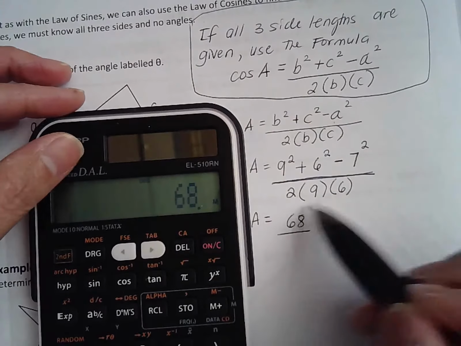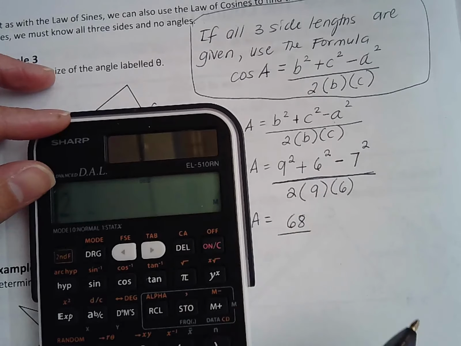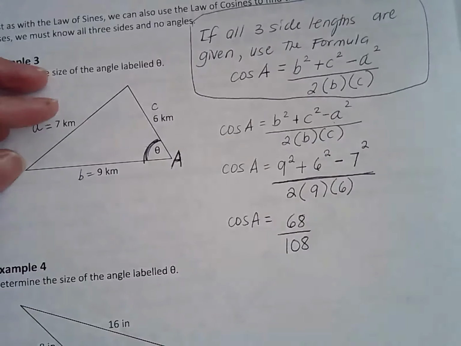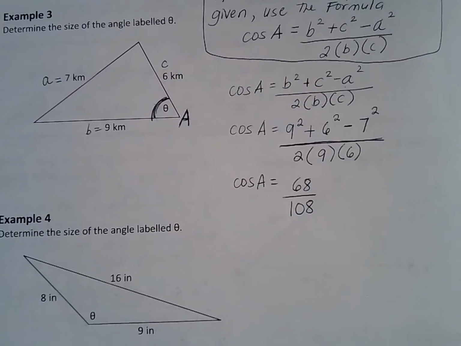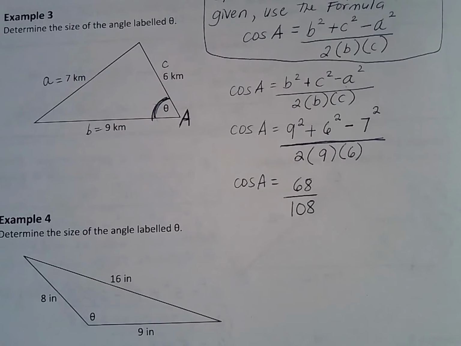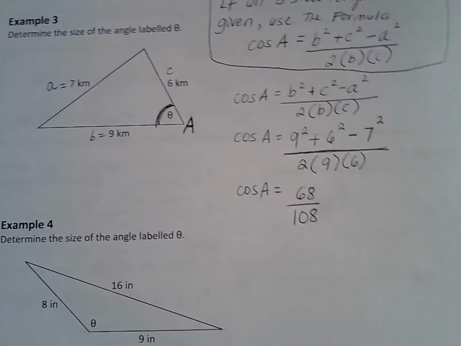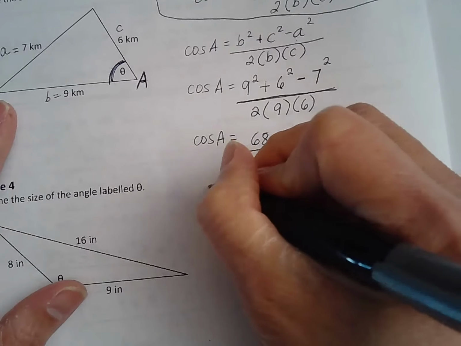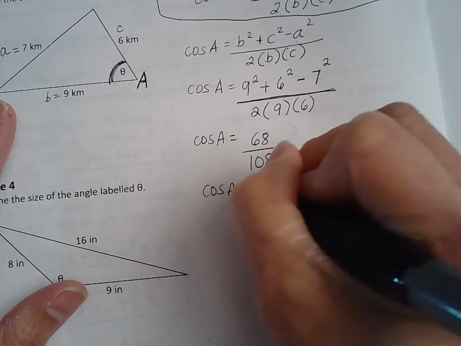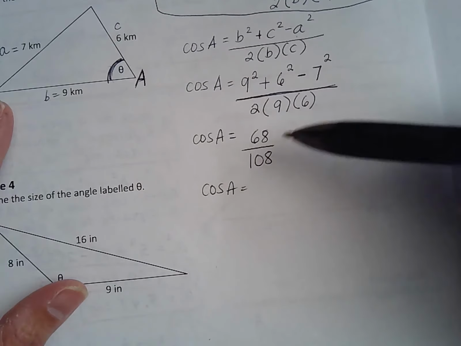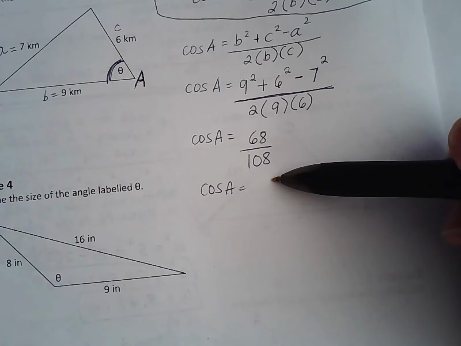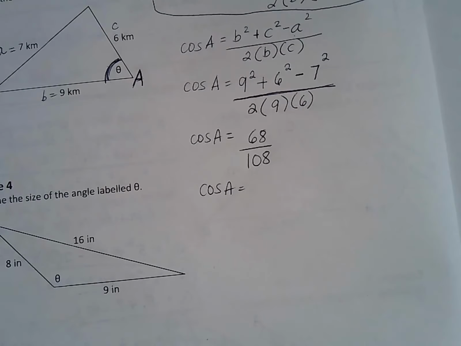Now let's do the denominator. 2 times 9 times 6. Okay, so far so good. That one is not too bad. Now what we're going to do is cos of A. The next step is to take 68 divided by 108. Well, we could do that, right? 68 divided by 108.